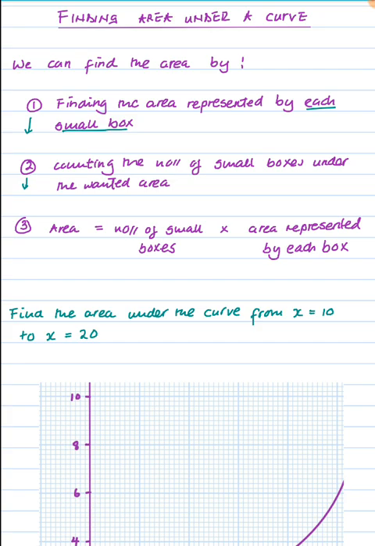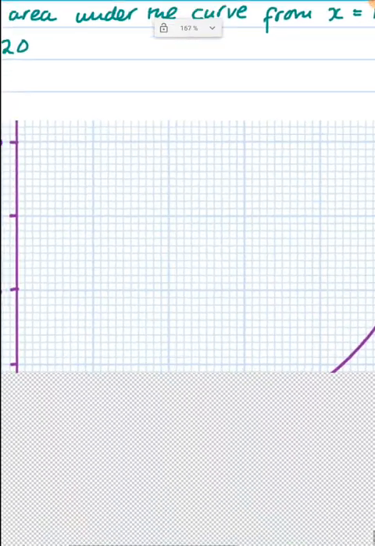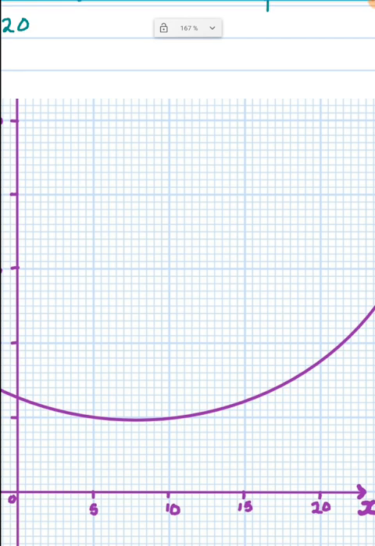That is to say, we look at this box, right? So we want to find the area represented by each small box. To find that area, we first of all find the area for the whole box.